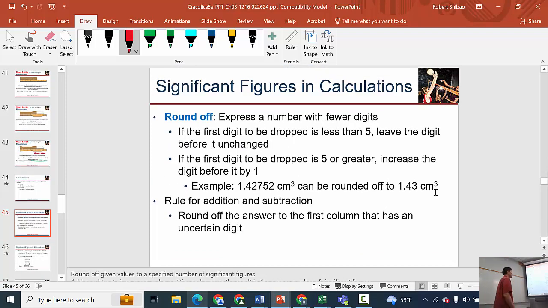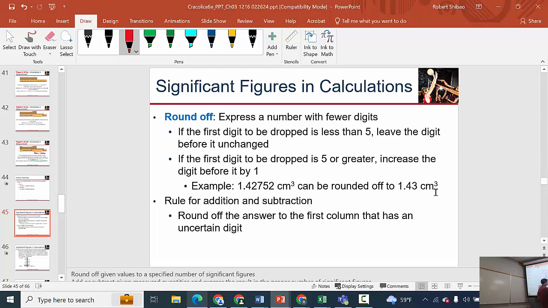Now, when we do calculations, we have to keep track of these. We don't want to round during the calculation. We round at the end of the calculation. So normally what I do is I carry extra digits and then round at the very end. So for example, this is 1, 2, 3, 4, 5, 6 sig figs. If I'm not allowed 6 sig figs, I'll round it at the end.